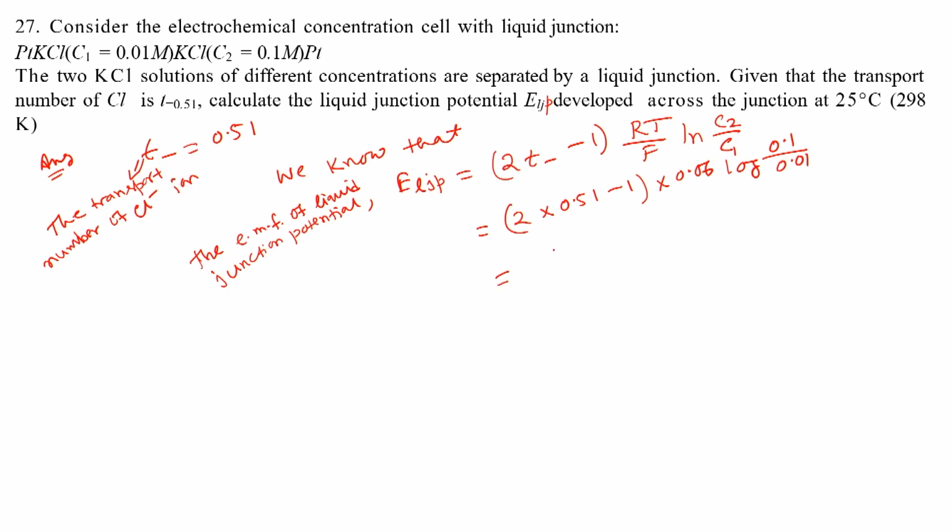So we get 0.02 times 0.06. So we get 0.0012 volt, or you can write 1.2 millivolt. Okay, this is the liquid junction potential E_LJP.